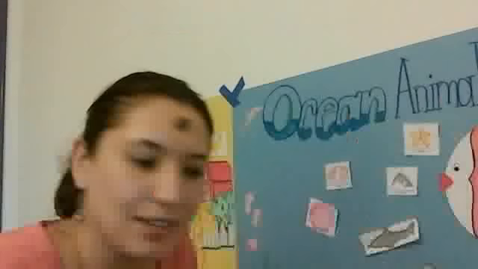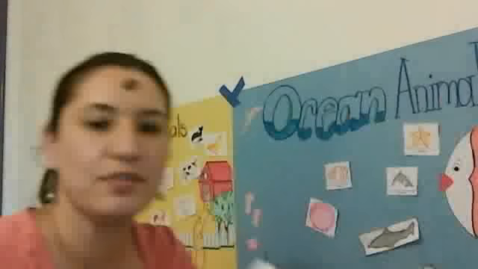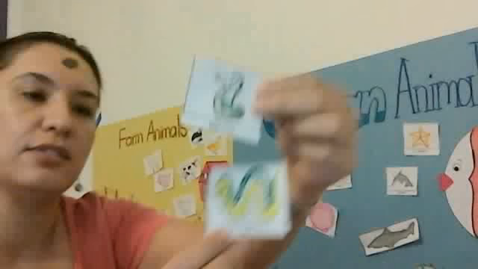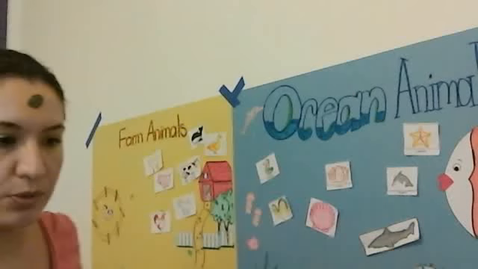And here I have just other random ocean animals, a seahorse and an eel. Depending on how familiar the student is with this vocabulary, they would be able to get the answers right. If not, with time we can practice again and again until we classify the ocean animals as well as the farm animals correctly.